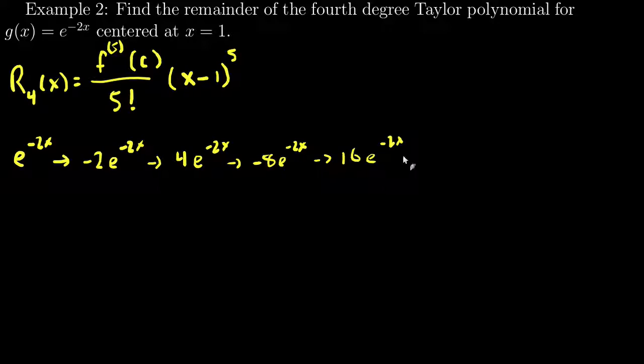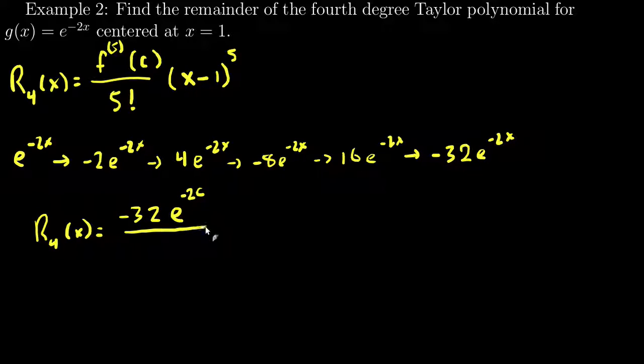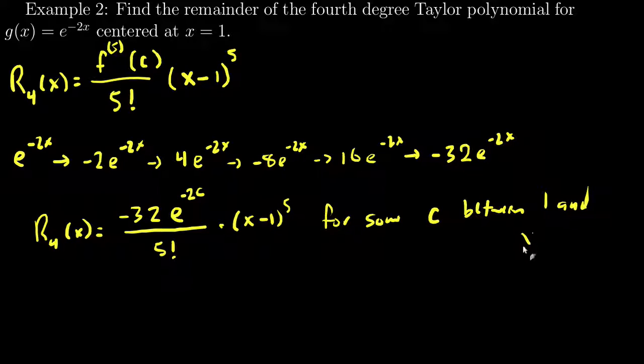And the fifth derivative is going to be negative 32 e to the negative 2x, which means that my remainder will equal negative 32 e to the negative 2c over 5 factorial multiplied by x minus 1 to the fifth, for some c between 1 and x.